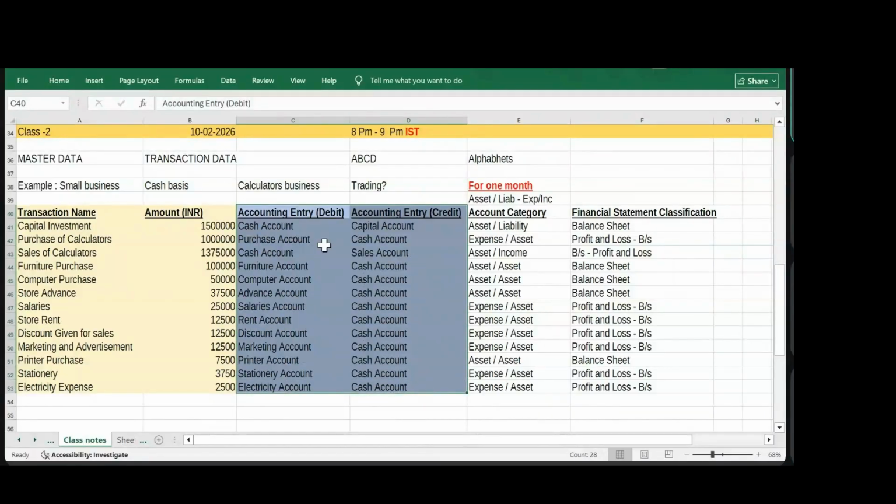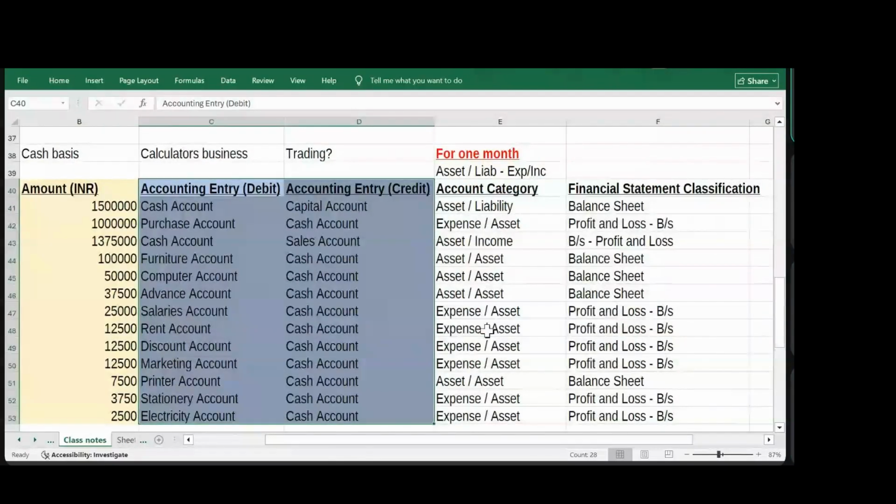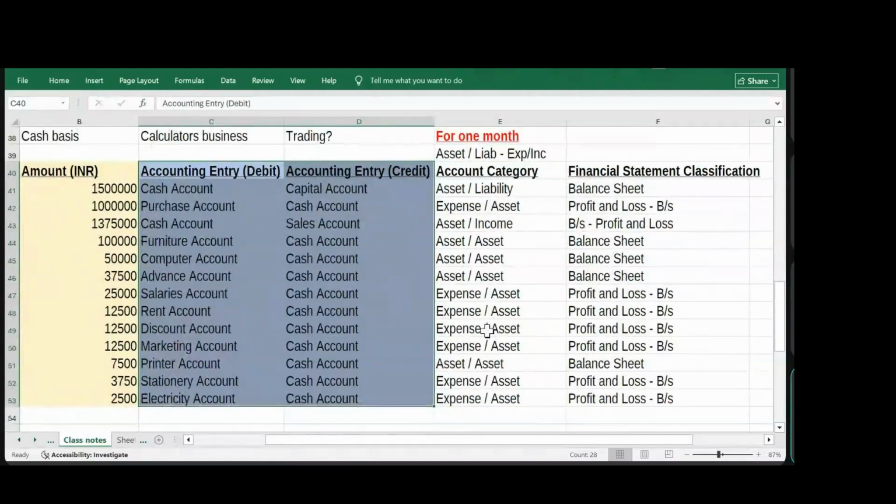If you see here, I'll zoom it a little. If you manually take a minute and count how many accounts are there, how are you counting? 14. Okay.